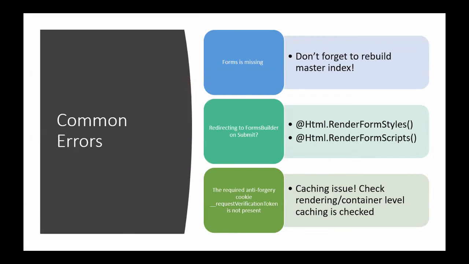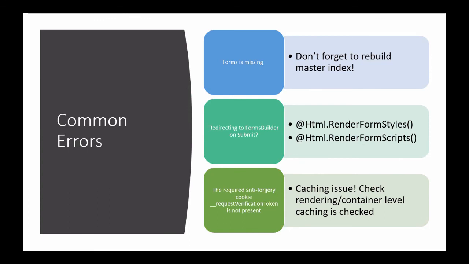And here are the common errors I see in Sitecore 9 forms. Whenever you create a form, the form is missing is the most frequently asked question in the Sitecore Stack Exchange. There is a bug in Sitecore 9 forms that whenever you create the forms the very first time, you don't see it.